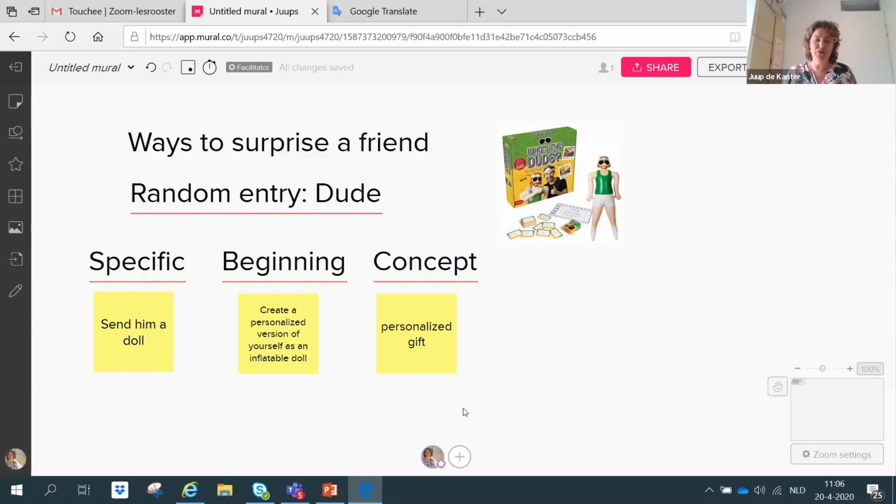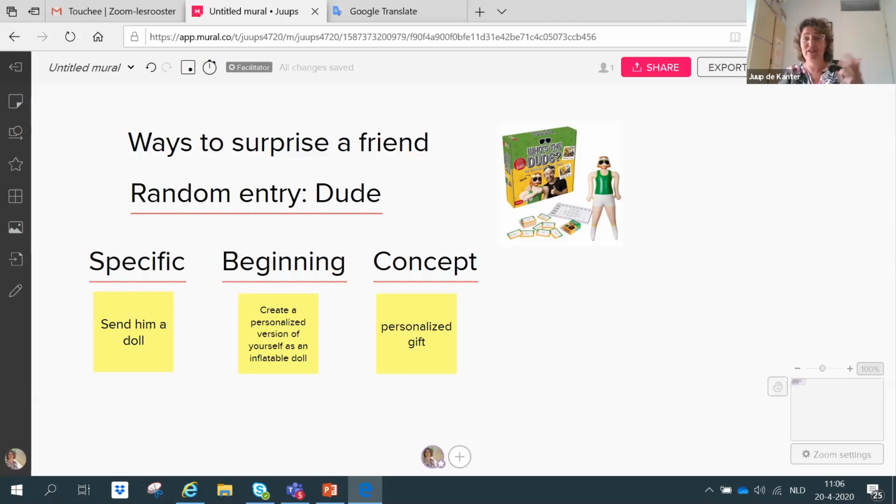So if you use the technique of random entry, then the point is to start with your focus on top and come up with a random entry point. For example, now the dude, but you can also ask a roommate, can you give me a noun, and they say, okay, apple.